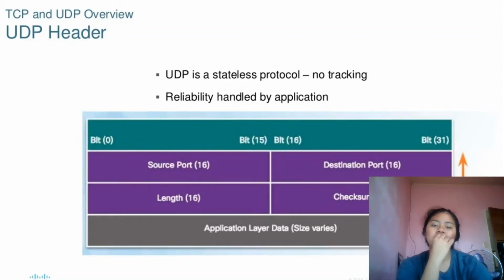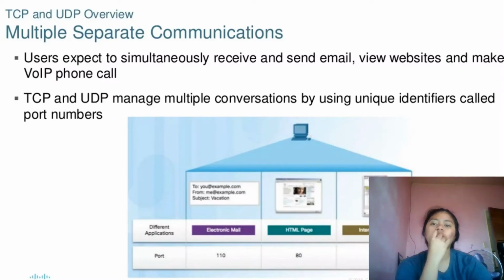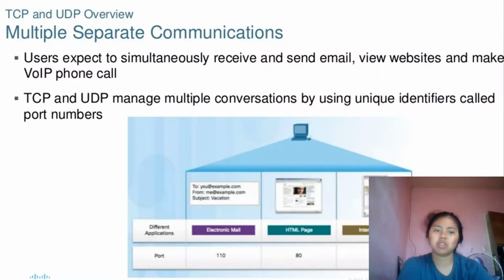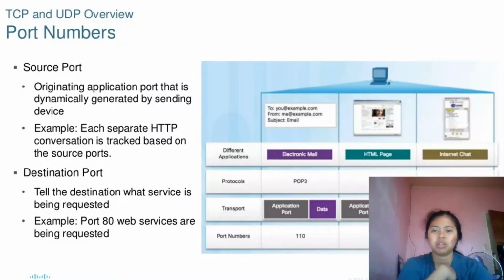Reliability is handled by the application. Multiple separate communications: users expect to simultaneously receive and send email via websites and make a VoIP phone call. TCP and UDP manage multiple conversations by using unique identifiers called port numbers.